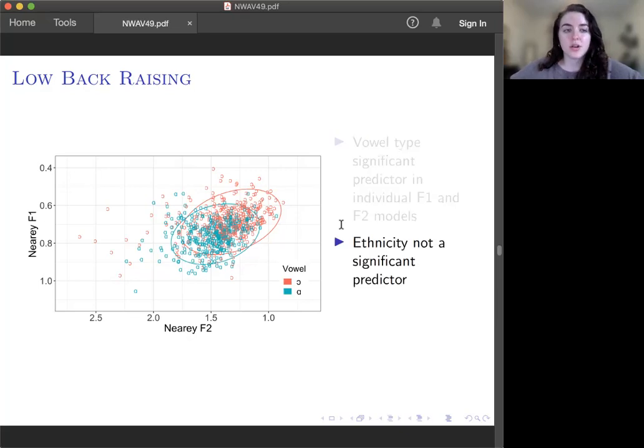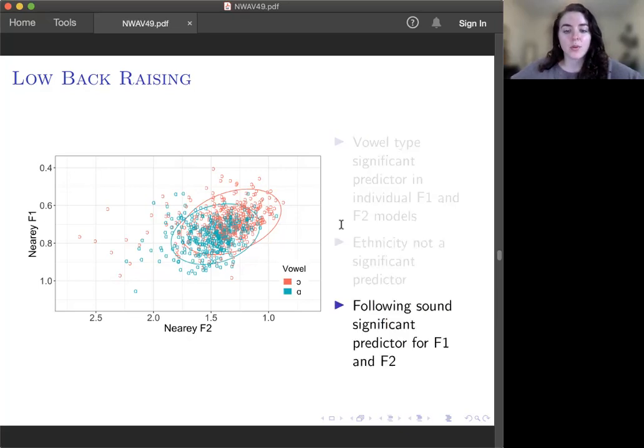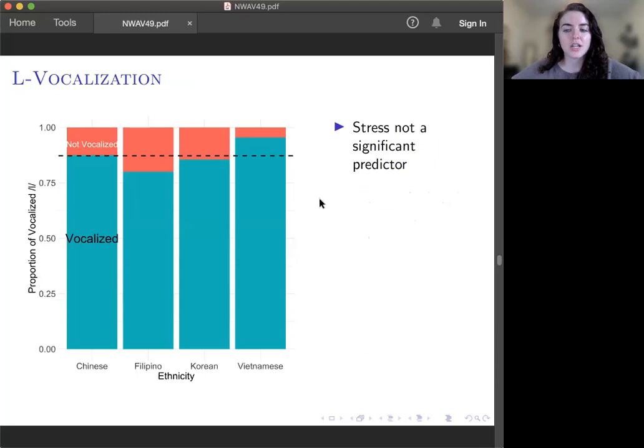Ethnicity was not a significant predictor for low back raising, and following sound was significant for both F1 and F2 models. For L vocalization, we did collapse the 4-point coding schema into a binary, so either consonant or at least some vocalization. And we ran a logistic mixed effects model with binary vocalization as the outcome variable, word as a random effect, and stress and ethnicity as predictor variables.